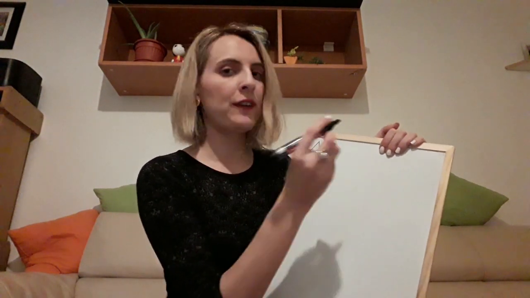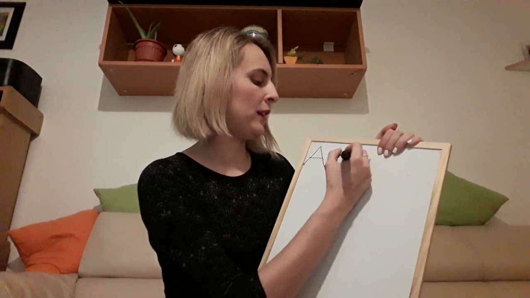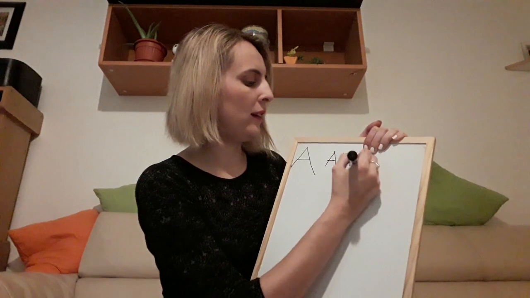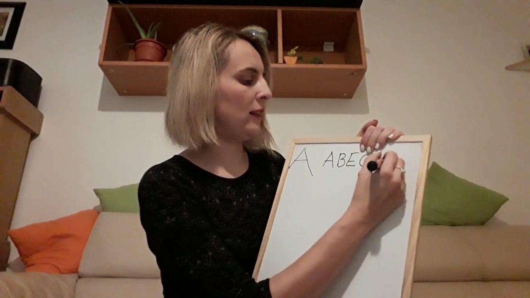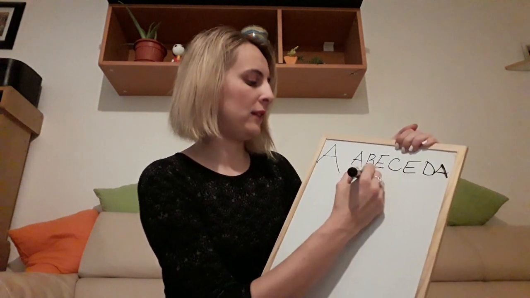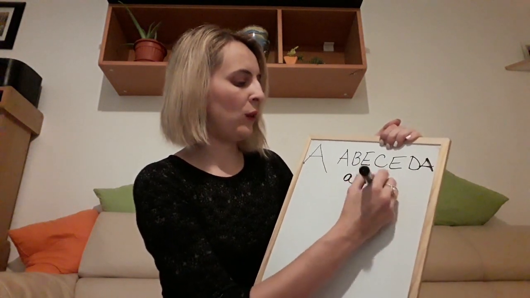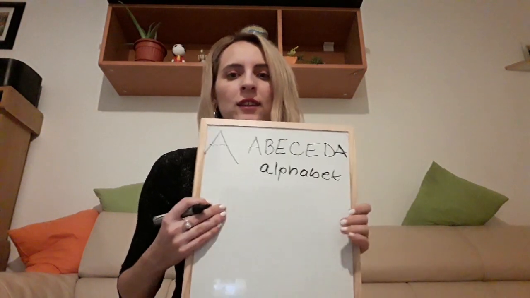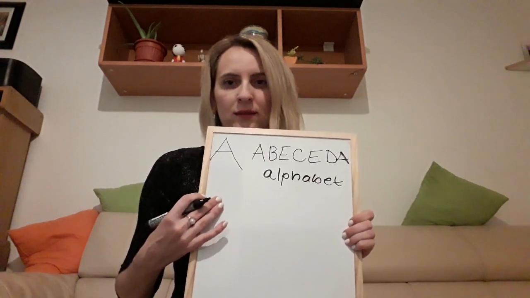A. And our first word with the letter A will be abeceda. Abeceda means alphabet. So I think that is a good word to start, because we are currently learning abeceda.